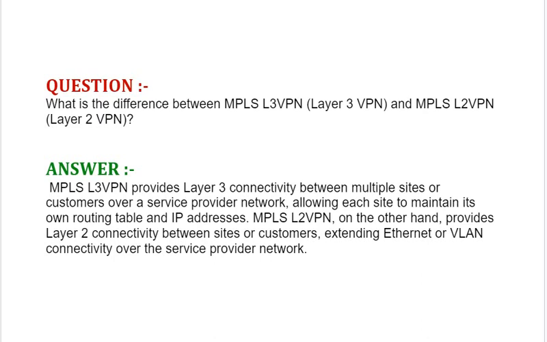MPLS L2 VPN, on the other hand, provides Layer 2 connectivity between sites or customers, extending Ethernet or VLAN connectivity over the service provider network.